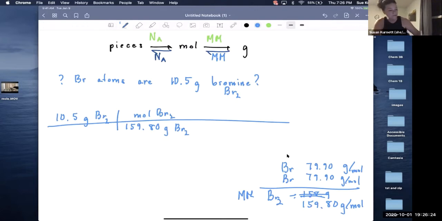Okay, so I've gone from grams of bromine to moles of bromine, but what I have is a molecule, and the question said, how many bromine atoms? So 1 mole of this molecule, I'm looking at the formula here and seeing that it has 2 moles of atoms.